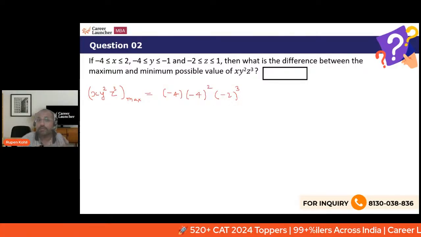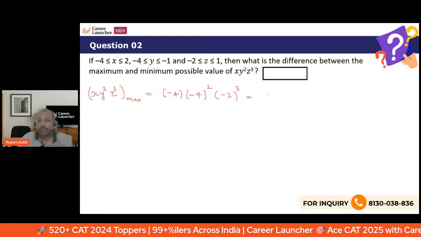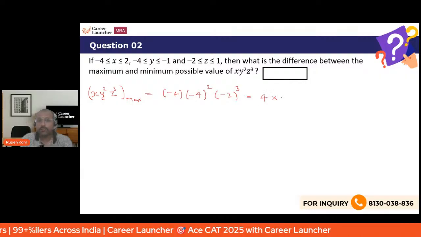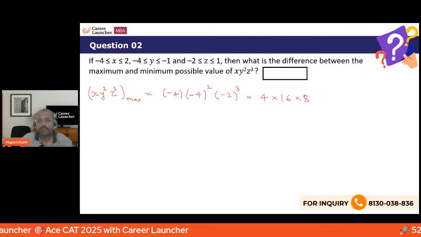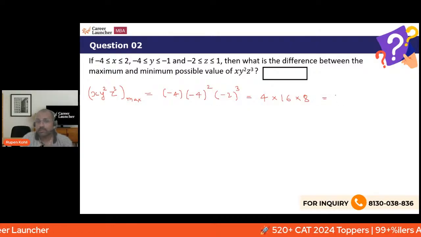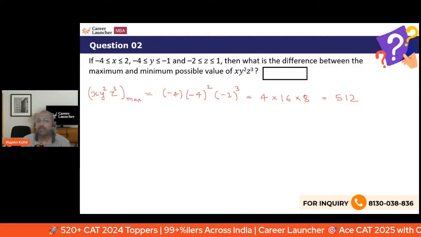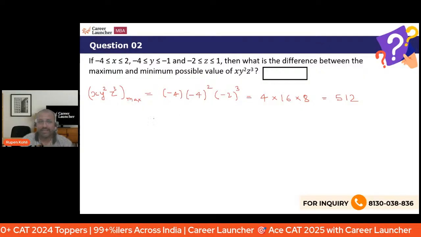Also, we have kept the numbers of as high magnitude as possible. So therefore, all the minuses cancel and we get 4 into 4 square 16 into 2 cube 8, right? This minus goes off. This minus into minus also becomes positive. So this is coming to be 512. 4 into 16, 64 into 8, 512, right?